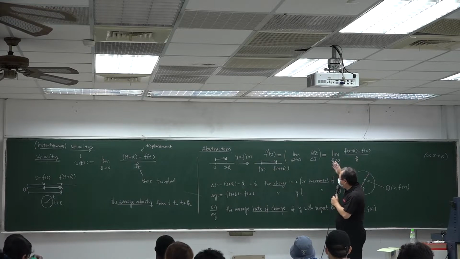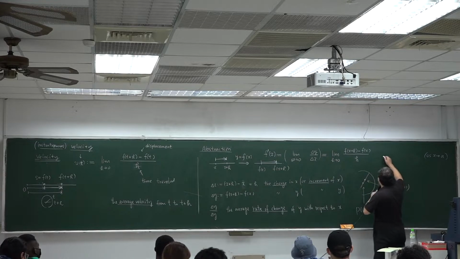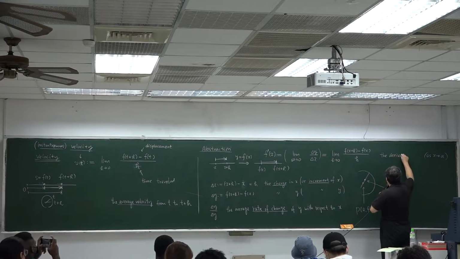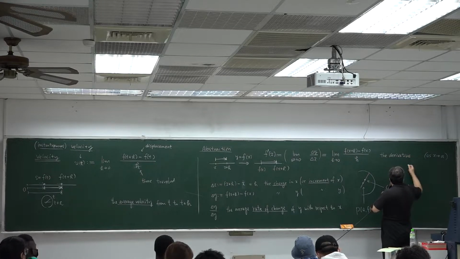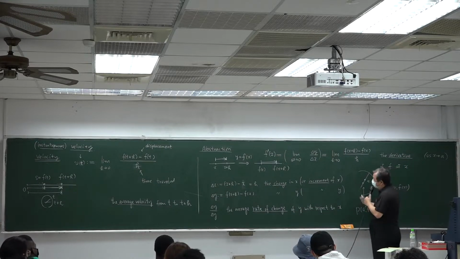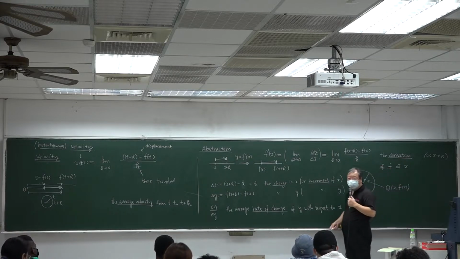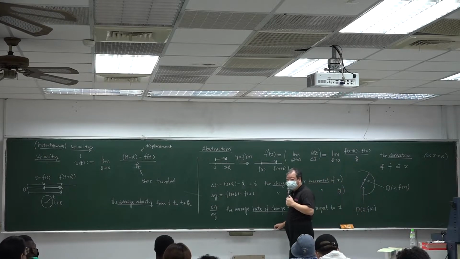The number derived in this way, we give it a name: the derivative of the function f at the number a. By using this process, we call it the derivative of f of x. Okay, we use this terminology.